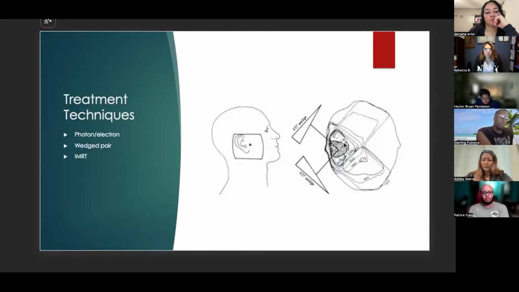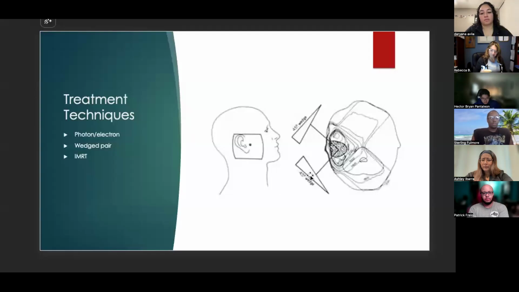So how do we do this if we only got approved for a 3D plan and insurance didn't approve an IMRT? We can do this through what we call a wedge pair, where it's weighted very much to one side, because here I have orbits, I have a brain, I have the other parotid, I have a bunch of other things that I'm trying to salvage. So I can do this by weighting the beam with a wedge pair.